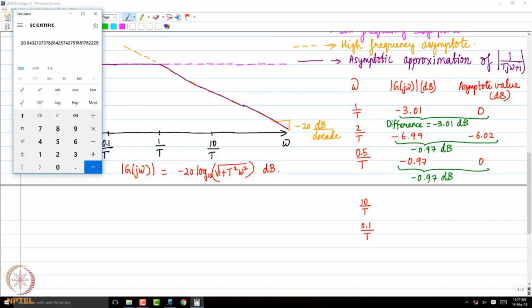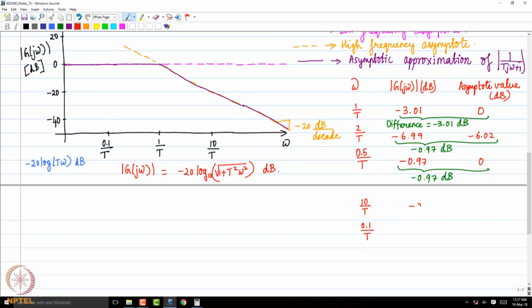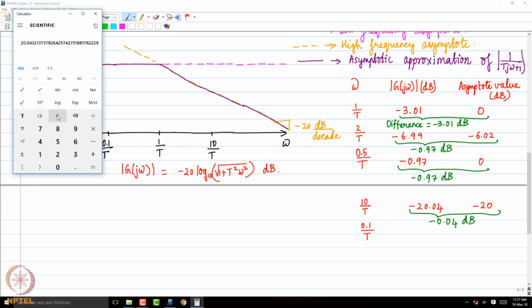Am I correct? So this will be minus 20.04. And what will be the asymptotic value? Minus 20. So what is the difference? Minus 0.04 decibels. And what about at 0.1 by T? T omega becomes 0.1, so you need to take the square root of 1.01, take the logarithm of that and multiply it by 20.